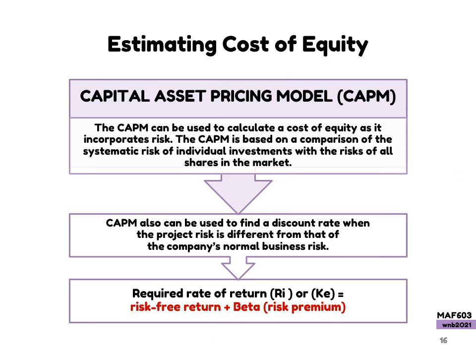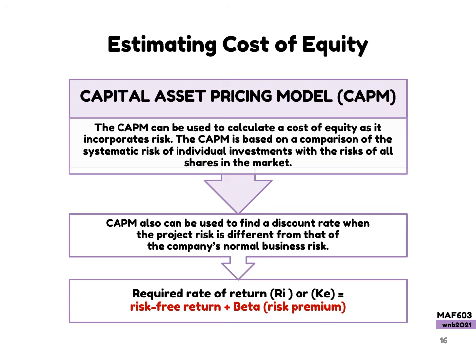Next, we're going to estimate the cost of equity using the second model, which is the capital asset pricing model. And I hope that you still remember that CAPM is based on the comparison of the systematic risk of individual investment with the risk of all shares in the market.